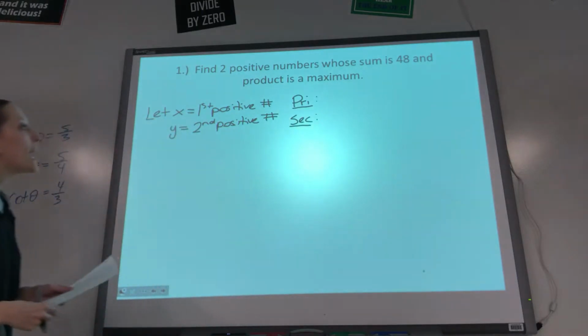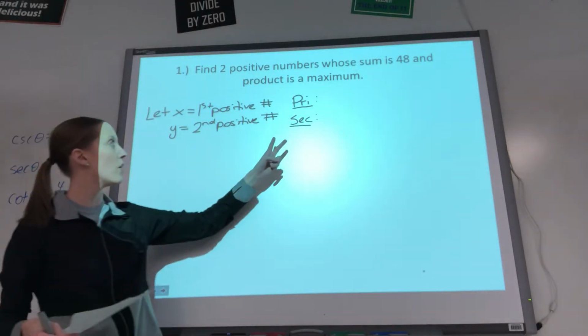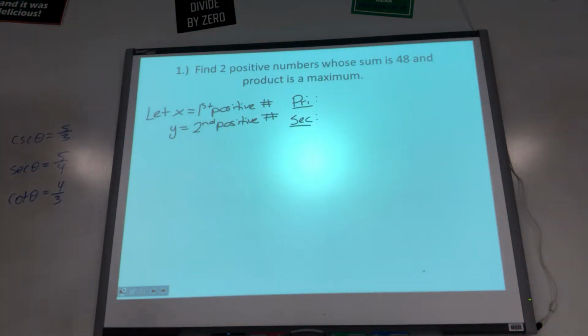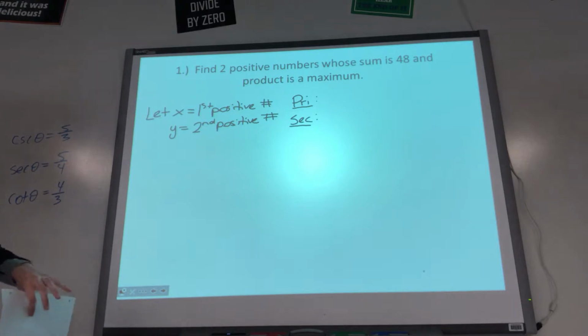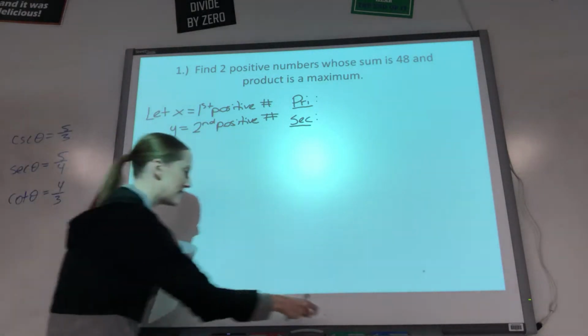Now, the next thing that I would like to do is set up my primary equation and my secondary equation. So I'm labeling both. This is basically step 2 that you wrote down earlier. Step 2 said, I'm just rereading it, write a primary equation for the quantity that is to be maximized or minimized.